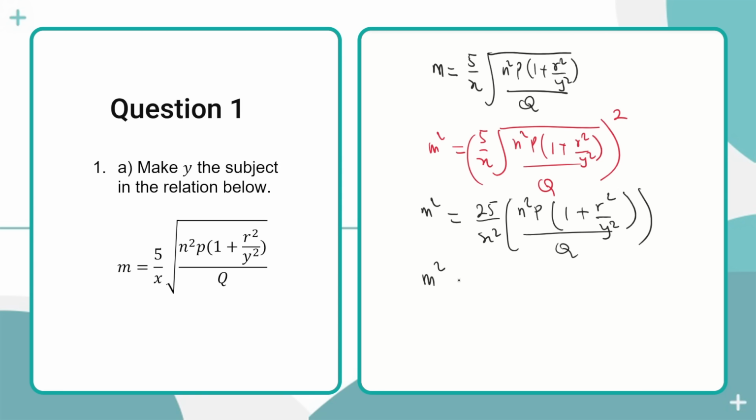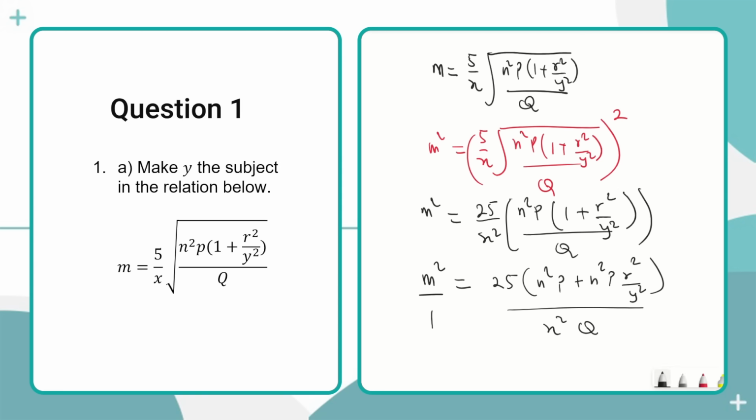So we have m squared equal to 25 multiplied by the top part, which we can expand. So we have n squared p plus n squared p r squared all over y squared. And then for the denominator part, we have x squared q. Right, so we can rewrite this as m squared all over 1 so that we can cross multiply.